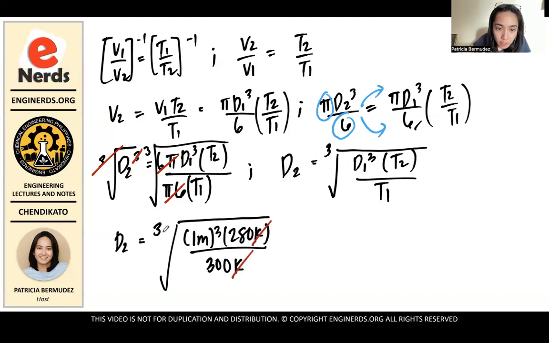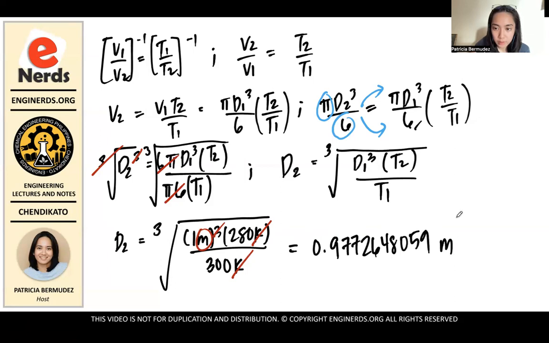And yung meter cubed here, makakancel din siya kasi you will take the cube root. So matitira ay meters. So ang new diameter natin ay cube root of 1 times 280 divided by 300, which is equal to 0.9772 meters.